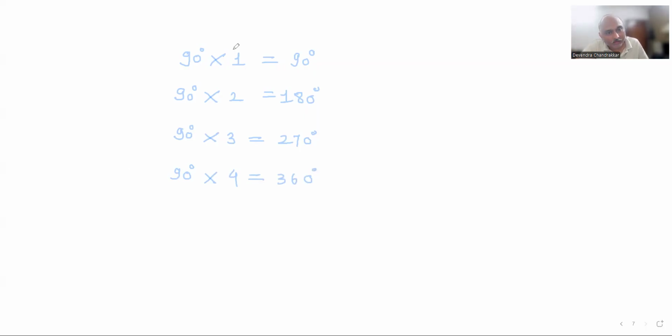Okay. This is an odd number. This is an odd number, right? These are odd numbers. So that's why these two multiples of 90, which are 90 degrees and 270 degrees, are odd multiples of 90. I hope this is clear to all of you.